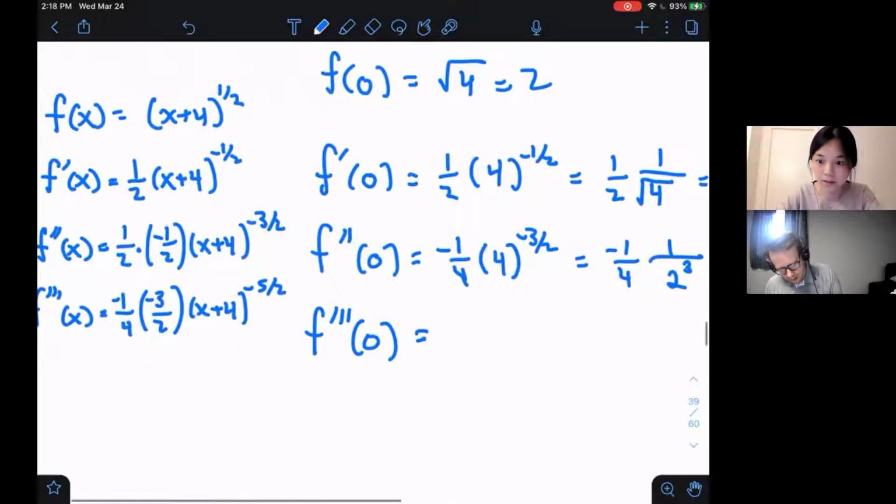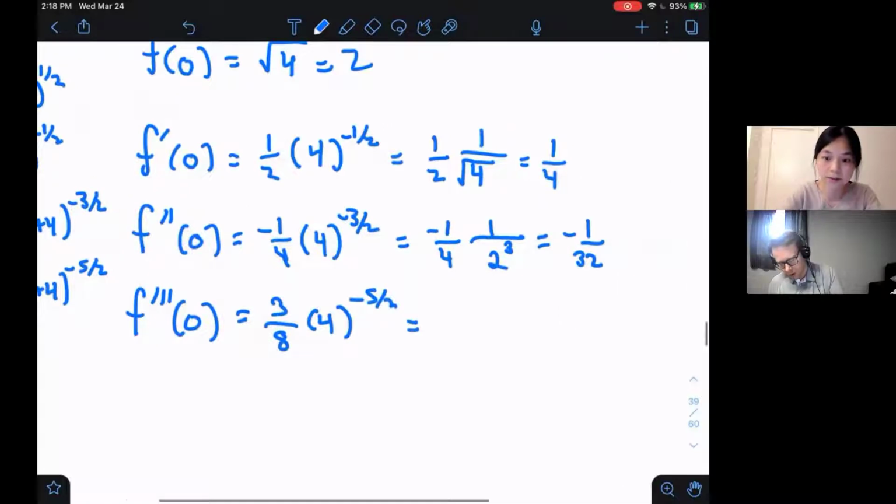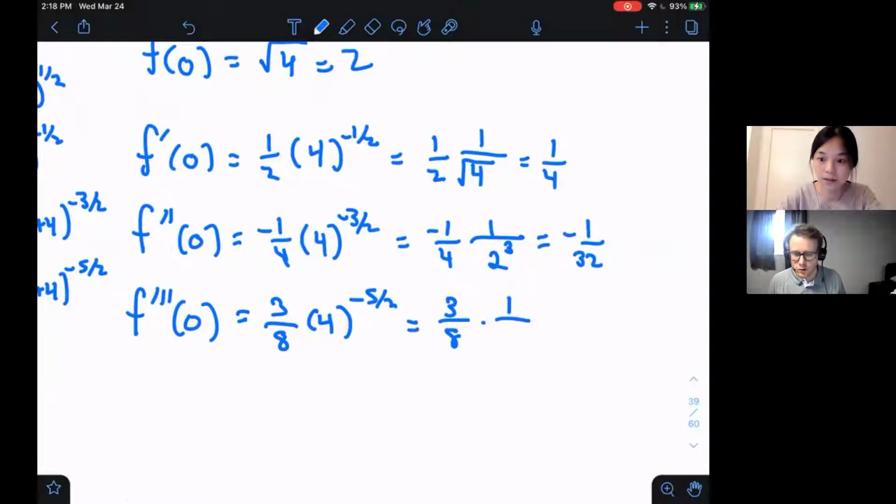Last one here, let's see, we have +3/8. And we're going to have 4 raised to the -5/2 power. So again, the fact that it's negative, I'm going to push it into the denominator. The fact that there's a half power there, that means there's going to be a square root. So the square root of 4 is 2. And so I guess I need to know what 2 to the 5th power is. 2 to the 5th power.